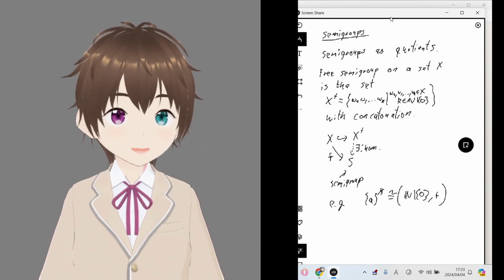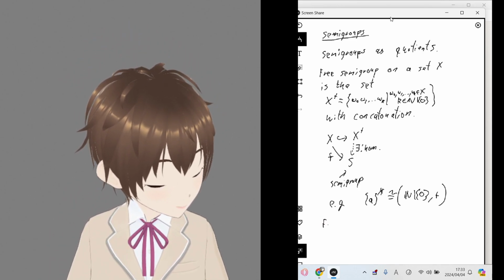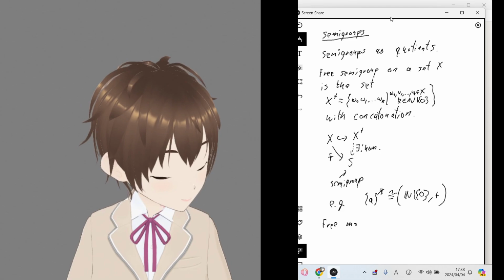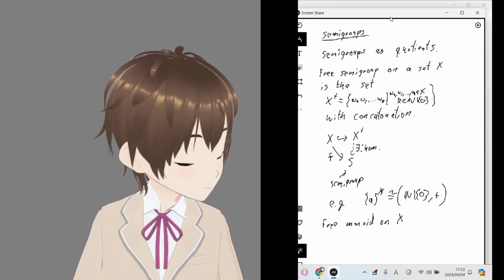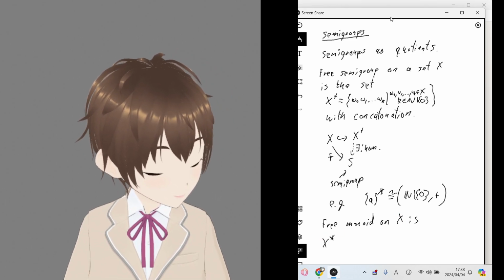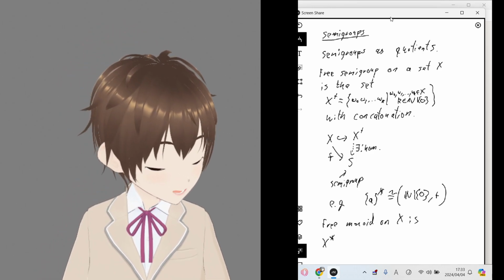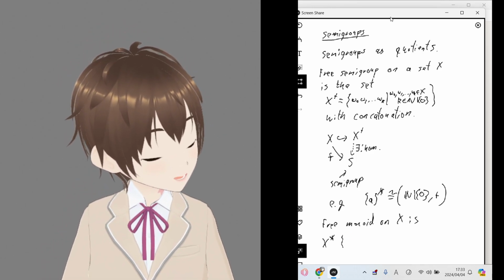Free monoids are very similar, except we have an identity element. So the free monoid on X is often denoted X to the power of star. So star is exactly the same as plus, except now I'm allowed to have empty words as well.